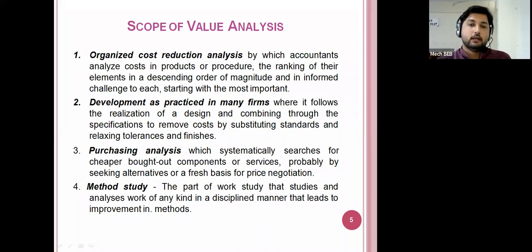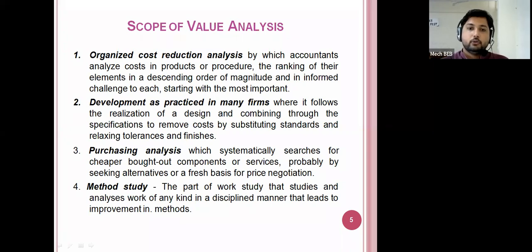Okay, so then scope of value analysis. Organize the cost reduction analysis, by which we analyze the cost in products or procedures, ranking their elements in descending order of magnitude, and address the challenge to each, starting with the most important. So organize the cost reduction analysis to analyze the product cost and their processes, and accordingly we have to provide the ranking in descending order.